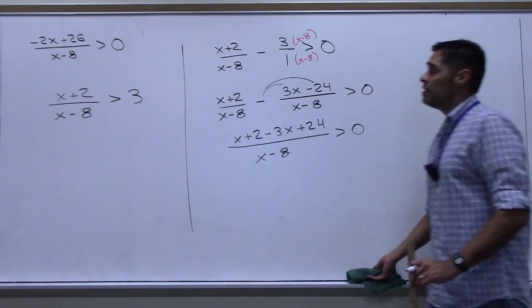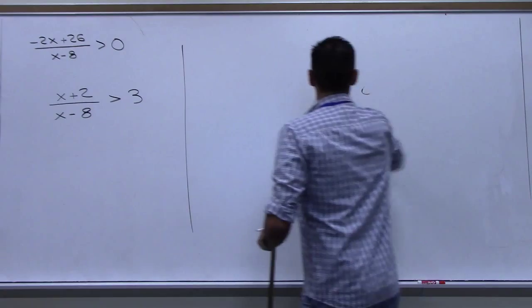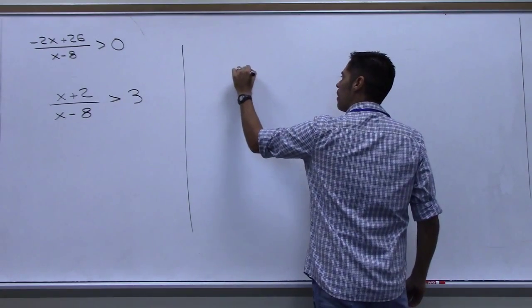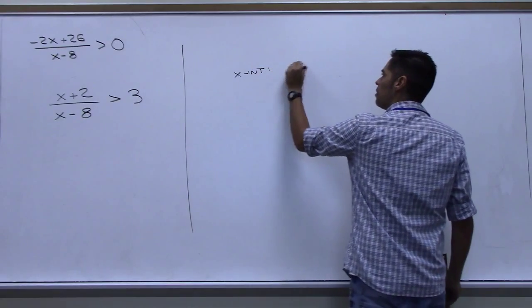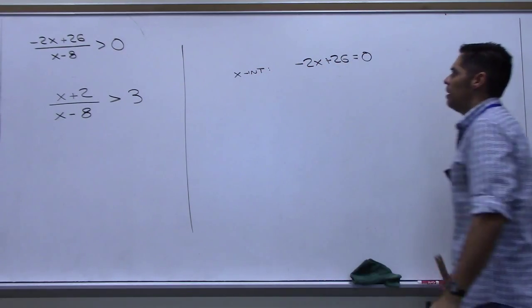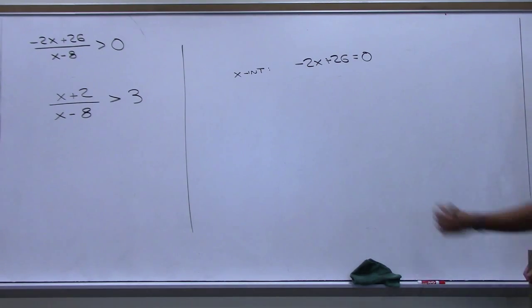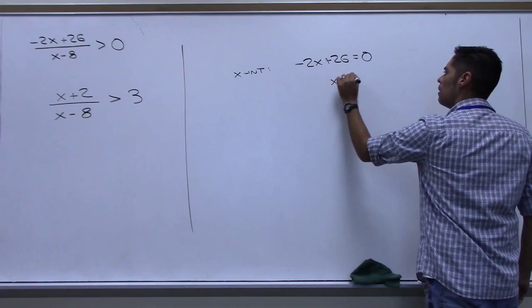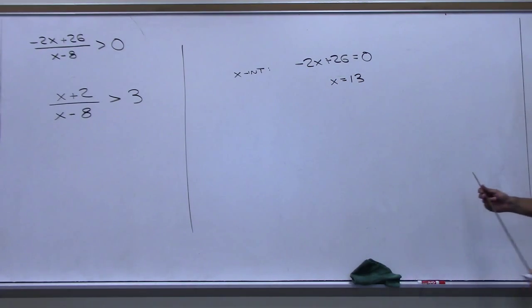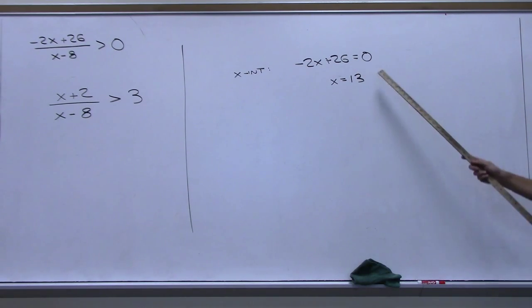So I need to now find my x-intercept. So I set the top equal to 0. And that one you can factor 2 out, but you can just move the 26 over and divide by 2. So x is 13. No, it's positive. Yeah, because this comes over, it'll become negative, and then you divide by negative.